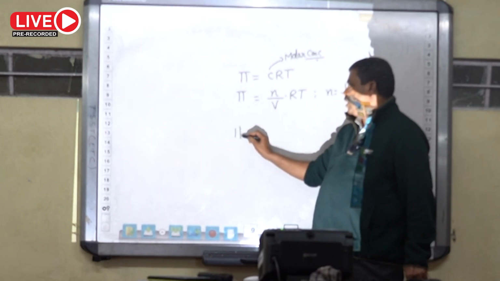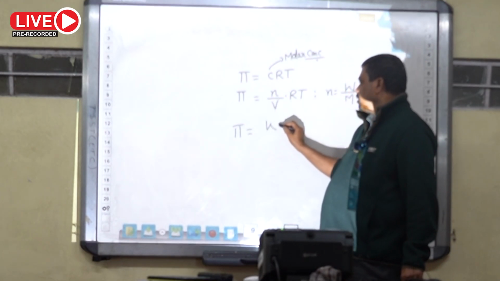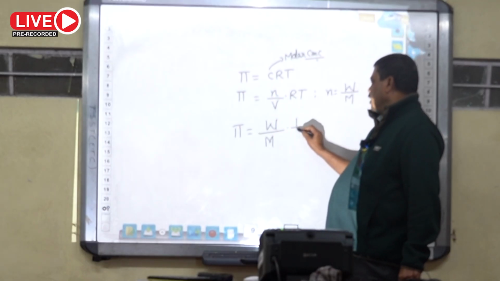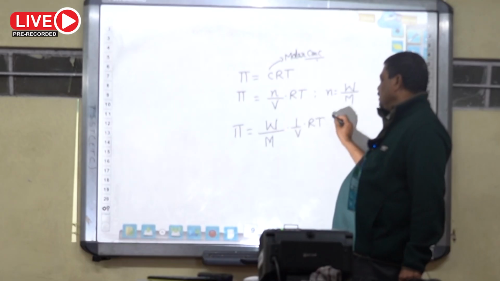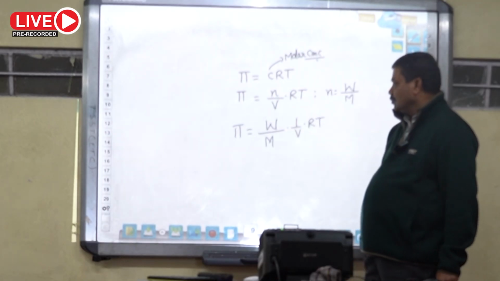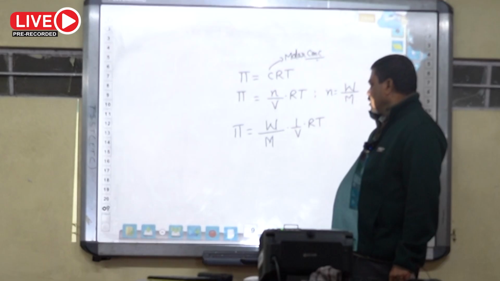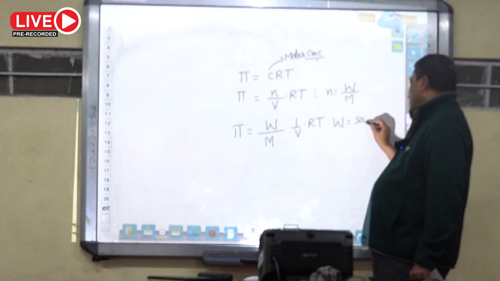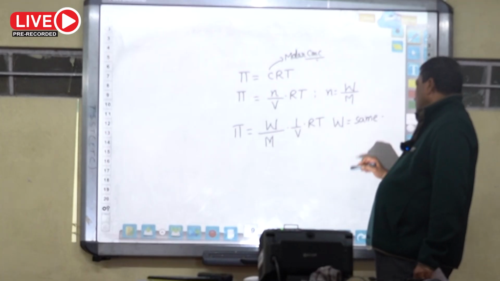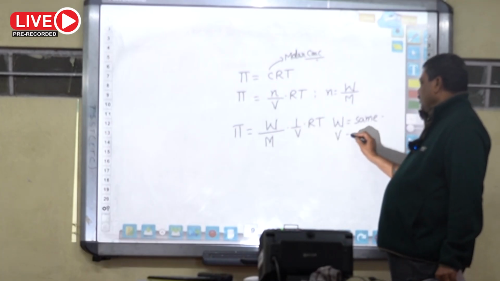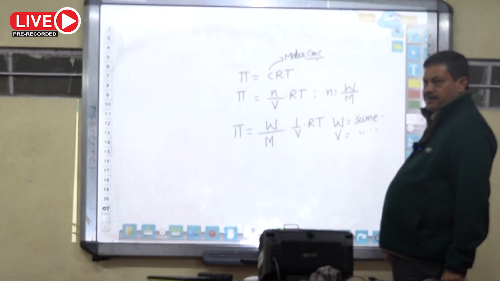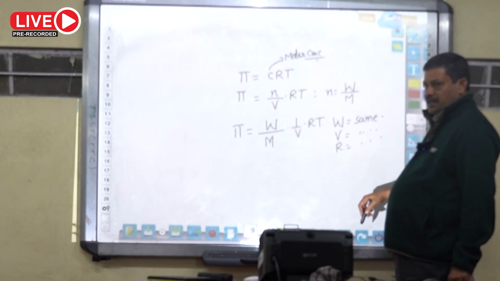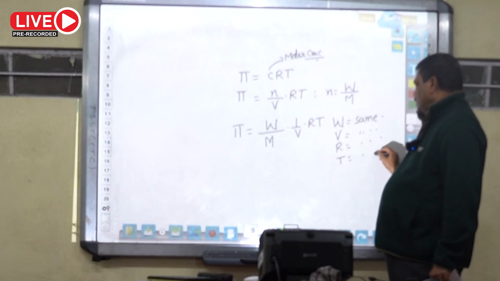So the same formula, pi is equal to W by M into 1 by V into RT. Now here, W is the same. All are 10 grams, 10 grams, 10 grams. V is the same. R is constant, at the same temperature.